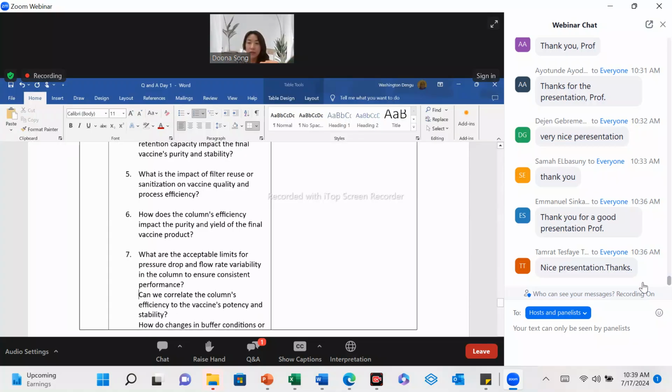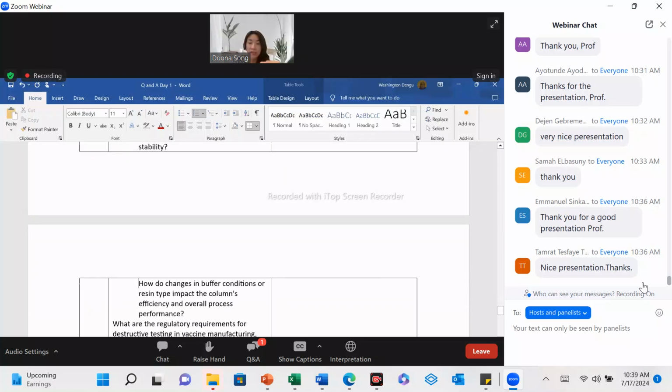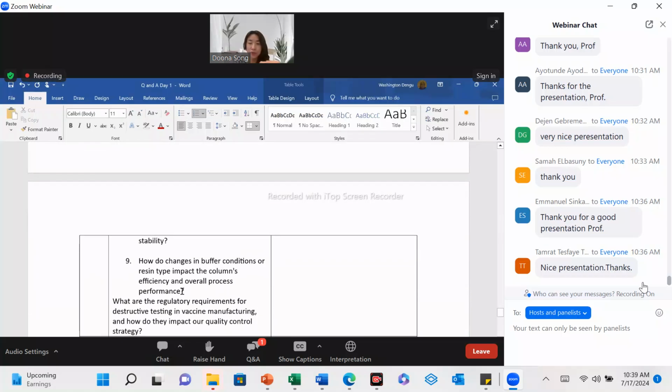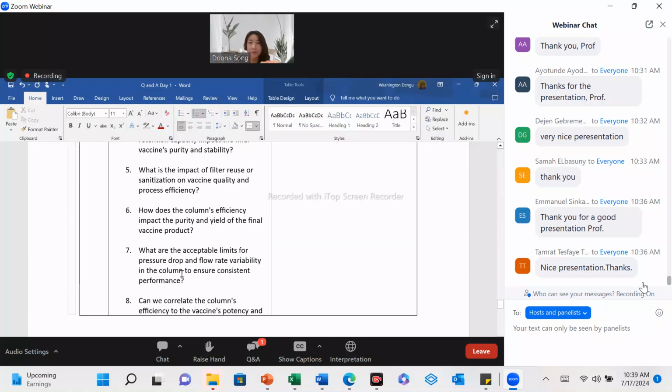You have to check if there is some binding or interaction, because maybe you can lose your product. So you have to choose a filter that does not interact with your product.